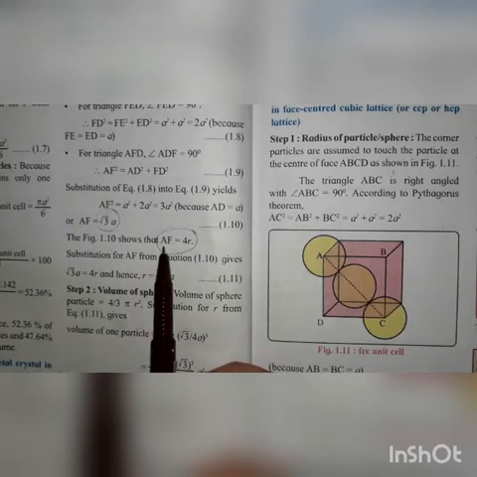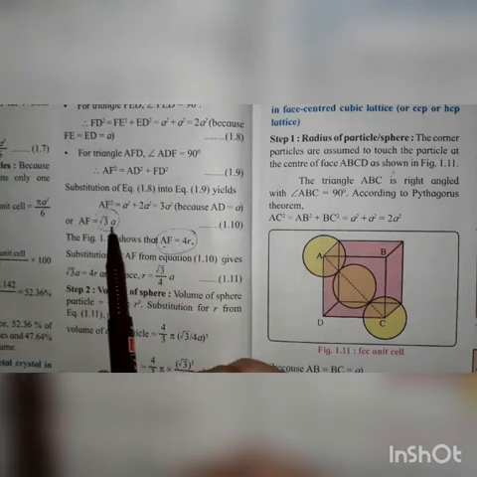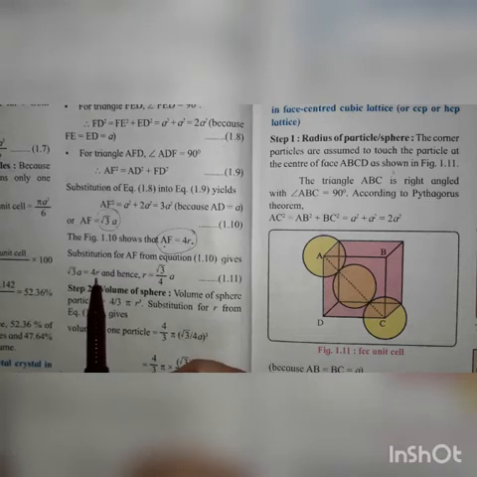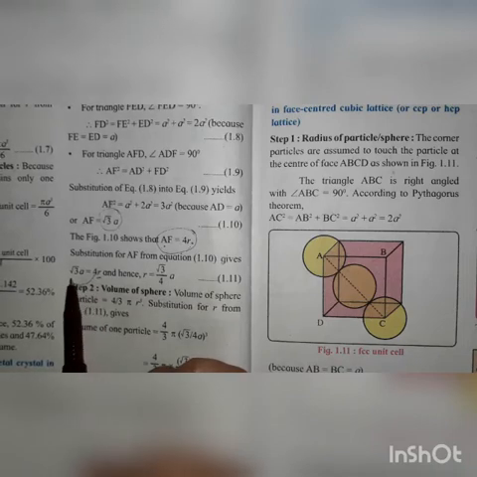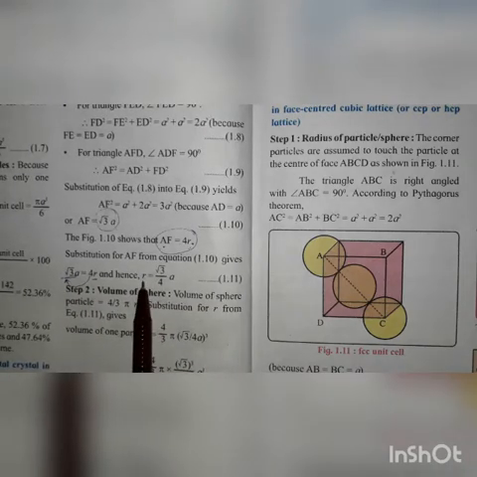Now let us solve this. We want the radius, so we keep the radius here and send the 4 to the other side, where it goes into the denominator. So our radius is equal to root 3 upon 4 a. So here we have got the radius.